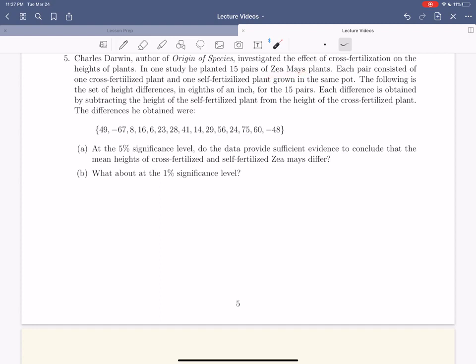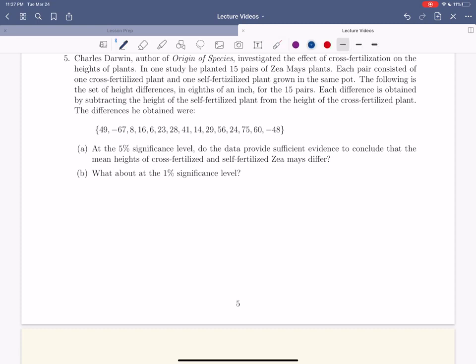And what he did is he took 15 pairs of plants where one of the plants in the pair was cross-fertilized, the other was self-fertilized, and then he looked at their heights and he wrote down the differences of their heights. These differences are in eighths of an inch, okay? And that's the set of 15 differences that he has.